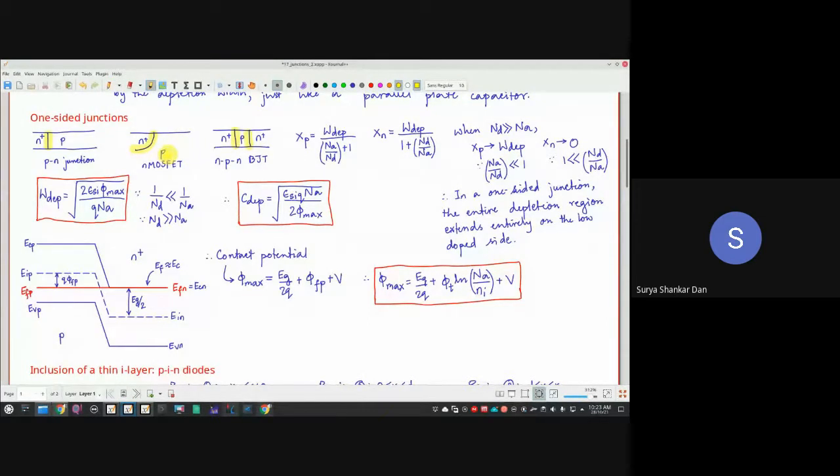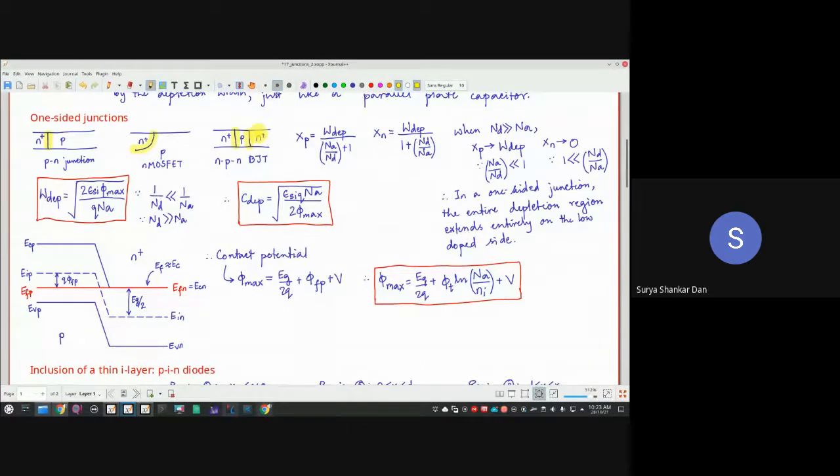It becomes a channel only after inversion. By default, the channel region just below the surface and the substrate are a very lightly doped P substrate, and N plus is the source. So now you are having an N plus P junction. Here also we have an N plus P junction. In this case also N plus P. This is also N plus P back to back junction, which is a BJT.